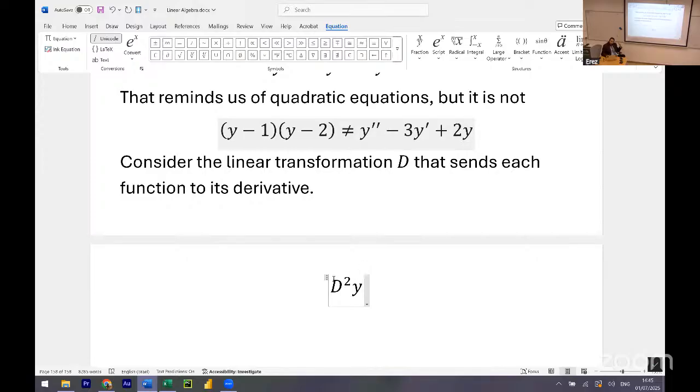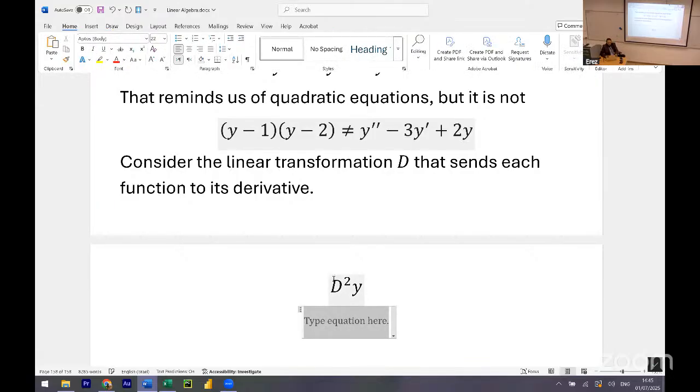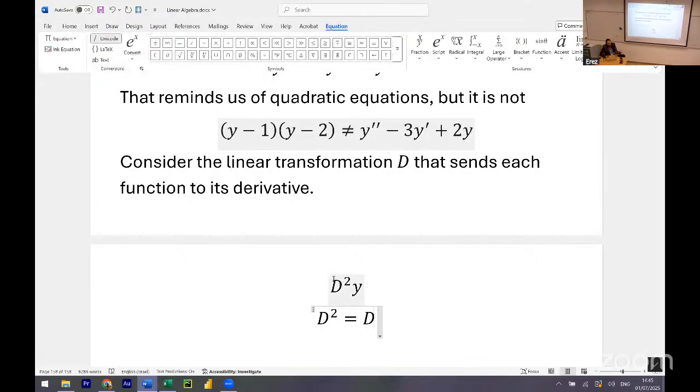D squared means D composed on itself. But because linear functions act exactly like matrices, they follow multiplication rules, and we have the distributive law, which we will use.